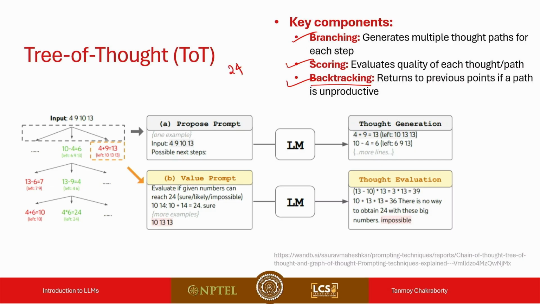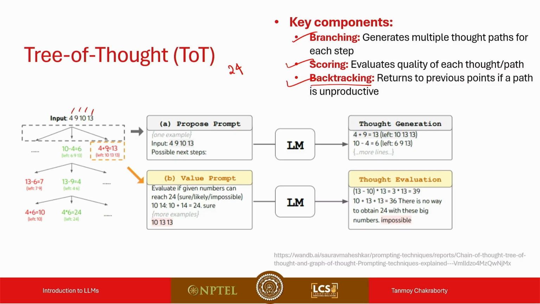Let's say you are given 4, 9, 10, 13. Now what are the operations that you can do to obtain 24? Remember, when you do some operation between a pair of numbers, let's say you do addition 4 plus 9, which will result in 13. Now 13 will become one of the candidates into your possible numbers.